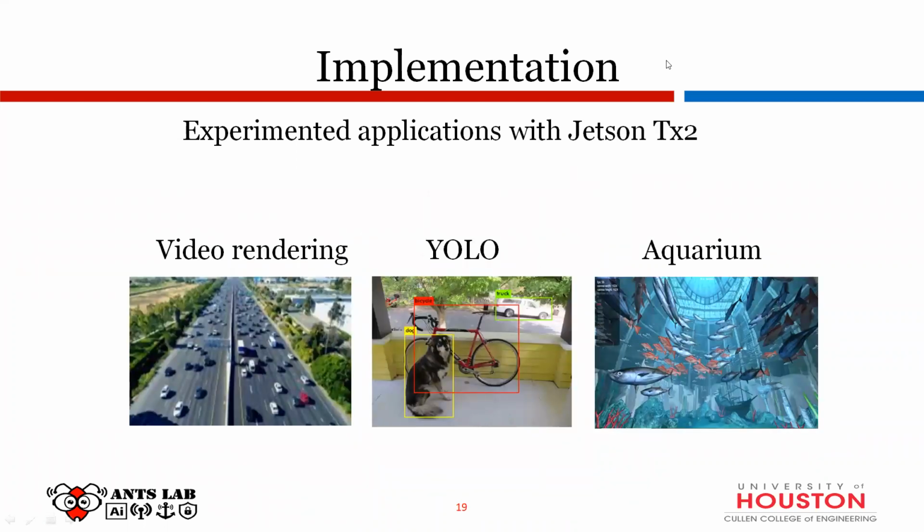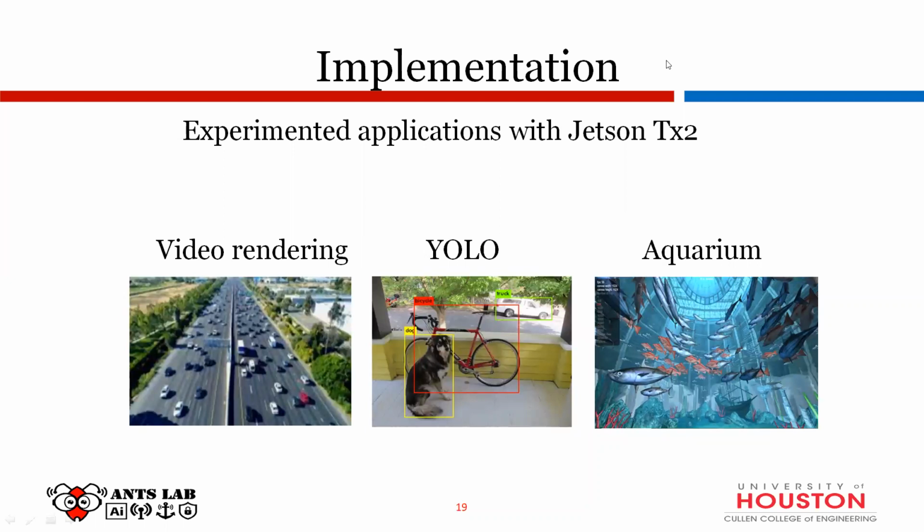For the Jetson TX2 applications, the first is video rendering. It just shows a video, and the video has changes in frame rate, and you can see the frame rate changing at the current moment. The second one is YOLO, which refers to object detection.